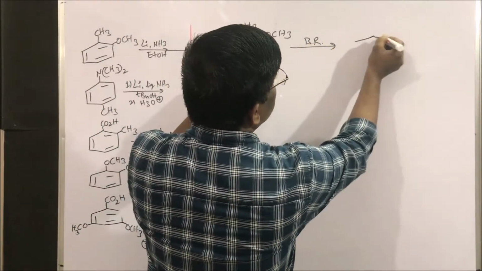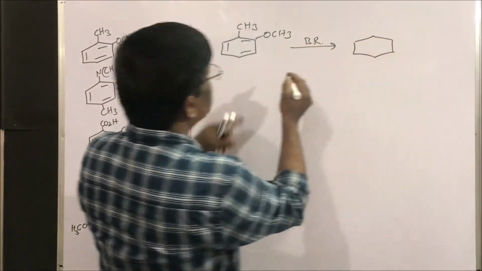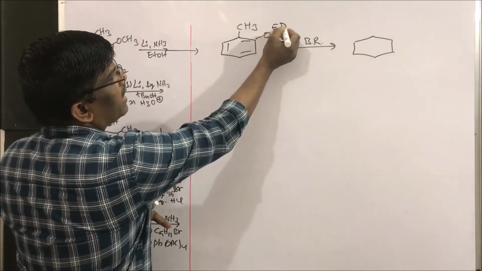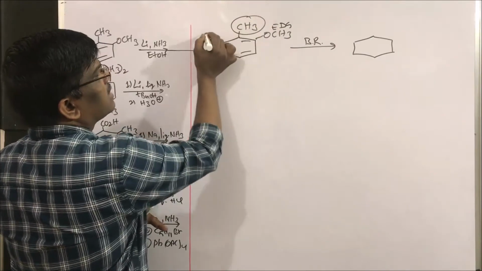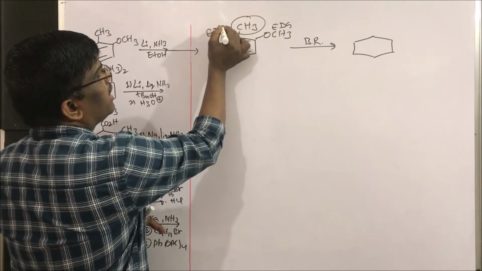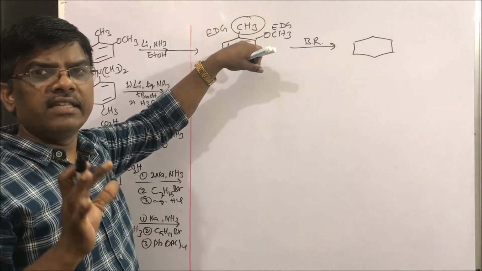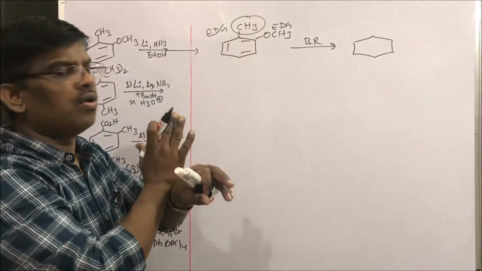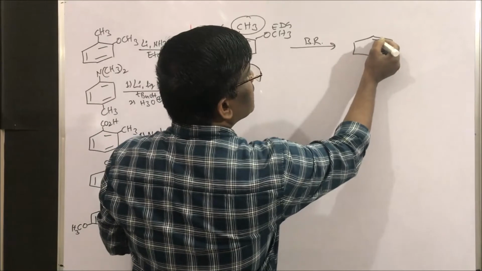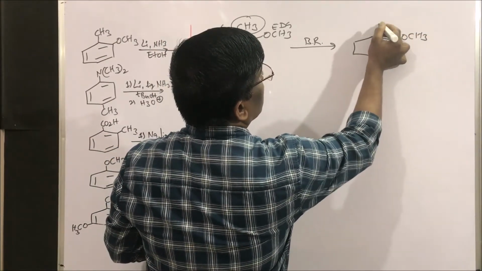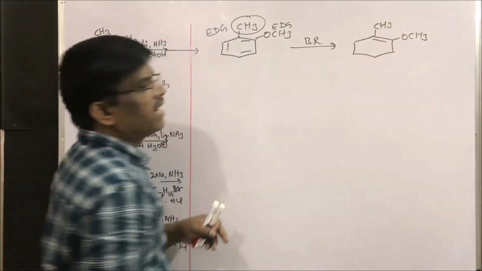What is the nature of these two groups? Is it electron donating or withdrawing? Electron donating group. What about this? This is also an electron donating group. So with electron donating groups, is the double bond going to be reduced? No. So let us satisfy both, OCH3 and methyl.